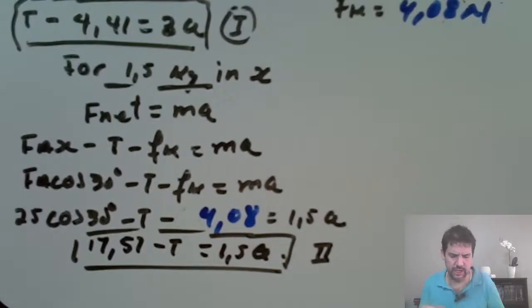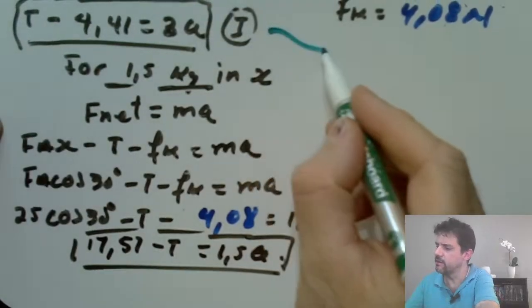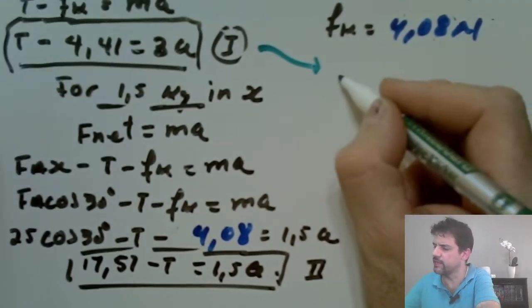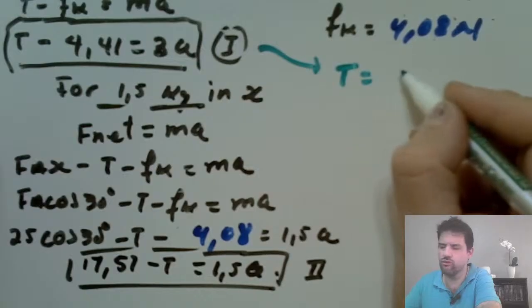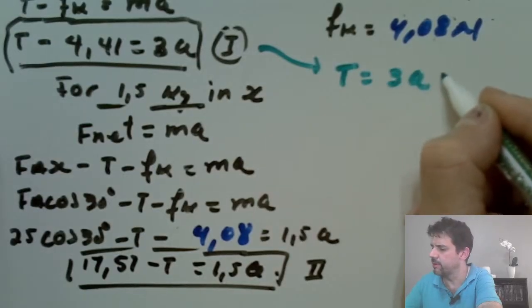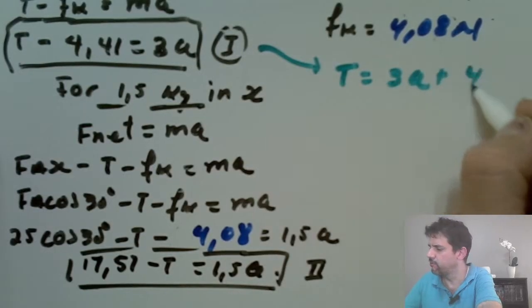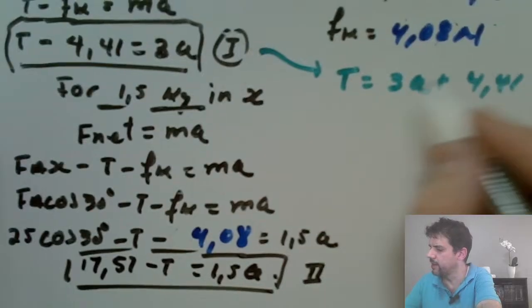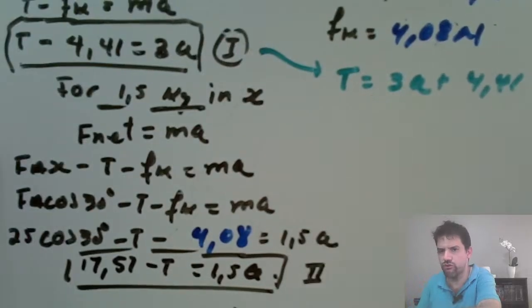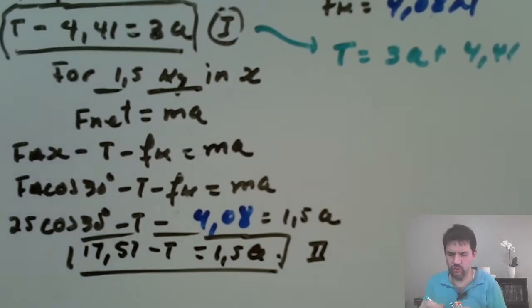So let's substitute. Let's substitute the first equation here, which is easier. Let's rearrange this one. If we do that, we get that t is equal to 3a plus 4,41, and then we substitute this one in equation 2. All right. I hope you are following me there. So what do we have here?